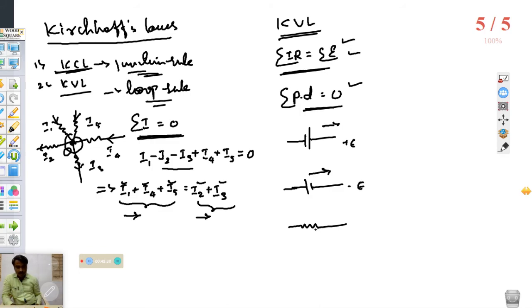If this is the resistance, and the current in the resistance is entering, then the total product of current and resistance, we can say, is minus IR. Whereas if the direction of traverse is this way, and the resistance is this one, and of course the current is entering, but the direction of traverse is the same and the current direction is different, in this case it is plus IR we can say.